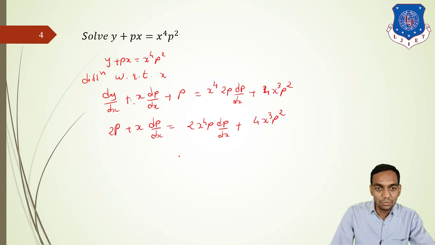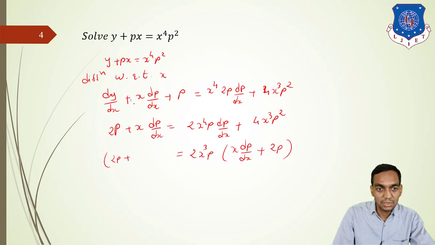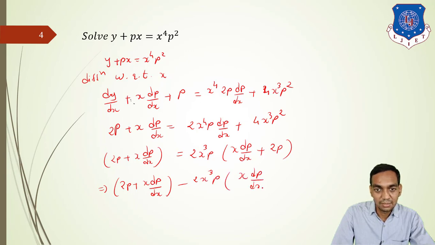Correct? Now from the right hand side, here I am going to common out 2x cube p, and that will give you x dp by dx plus 2p. So 2p plus x dp by dx. Now write down this is equal to 0, and that will give you 2p plus x dp by dx minus 2x cube p into x dp by dx plus 2p is equal to 0.